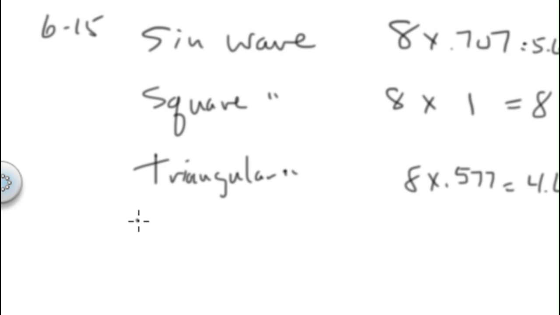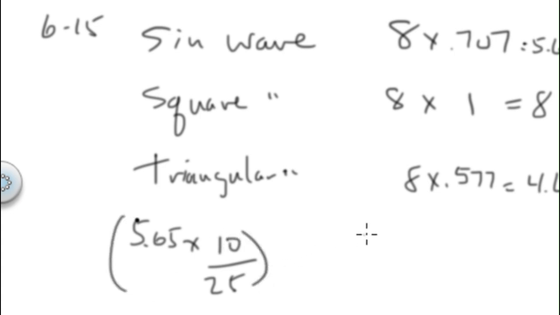It'd be 5.65 for the sine wave times 10 over 25 would give me my voltage. And then square that over 10K would give me my power through the 10K for the sine wave.